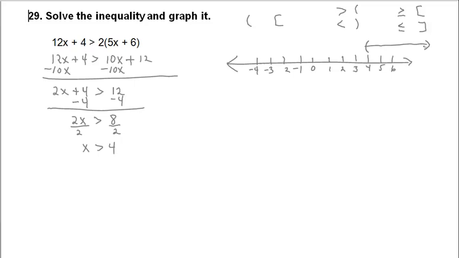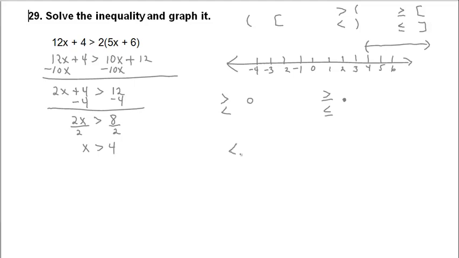Now, some of you are used to using open and closed circles. Remember, we used an open circle when our inequality was greater than or less than. And if our inequality is greater than or equal to or less than or equal to, we use the closed circle. The open circle, again, tells you that the starting point is not included as a part of the solution.